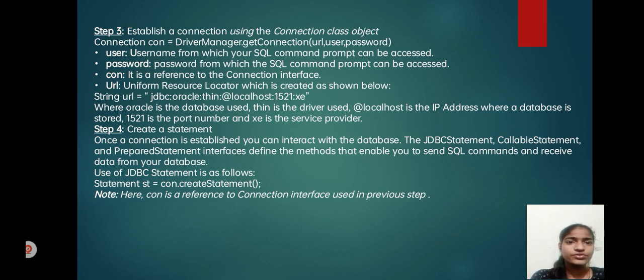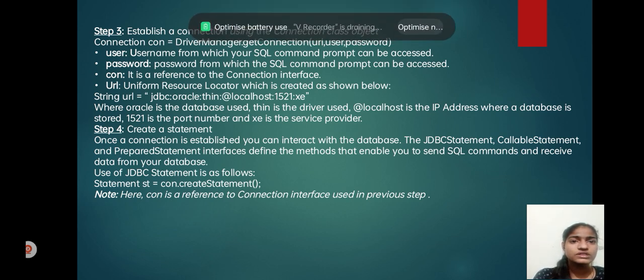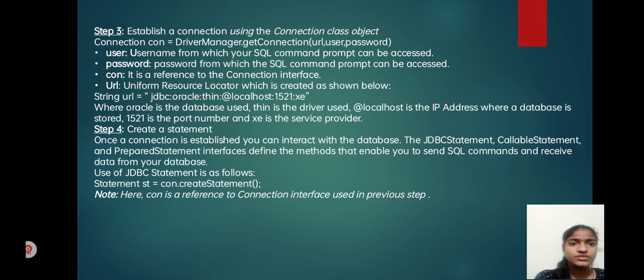Username from which your SQL command prompt can be accessed, and password from which the SQL command prompt can be accessed, and con is a reference to the connection interface, and URL, uniform resource locator, which is used as shown below. String url is equal to jdbc:oracle:thin:@localhost:1521:xe. They are using the thin driver with a localhost 1521 xe.